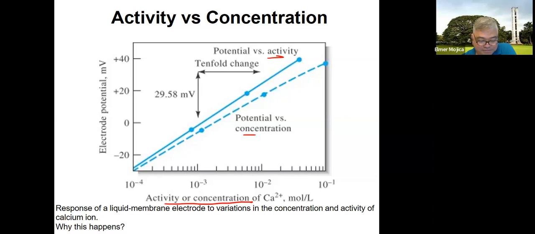What does this mean? From here, going here, going here, going here, what is increasing? It's Ca2+, so it's an ion. And this is just what we call the concentration, right? So the one that is affected here is really the concentration.